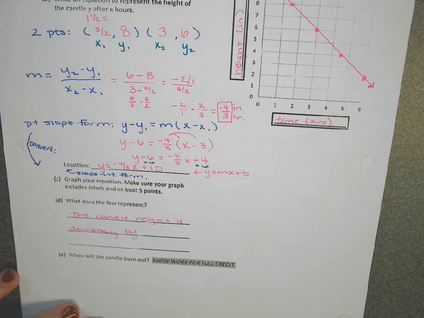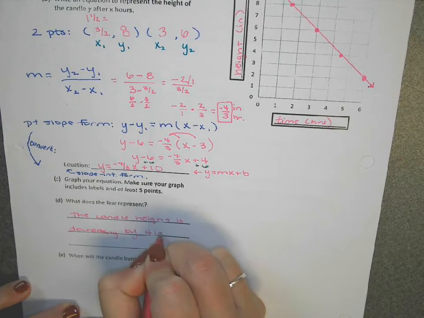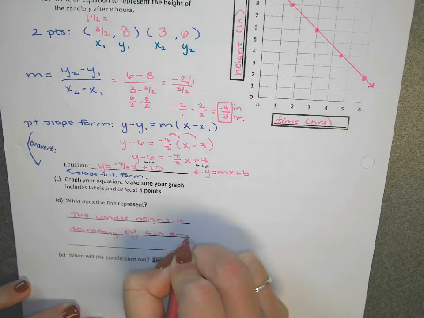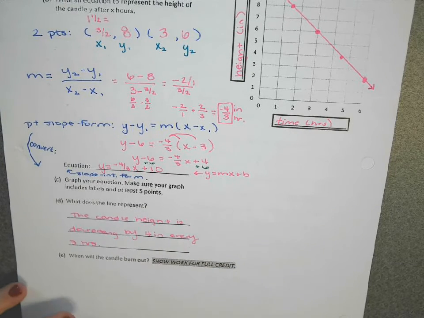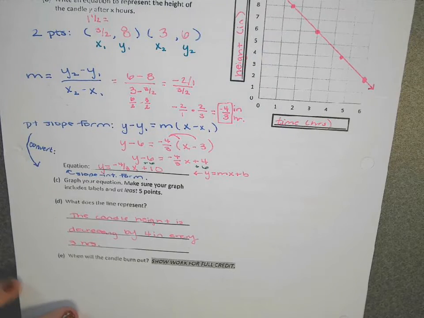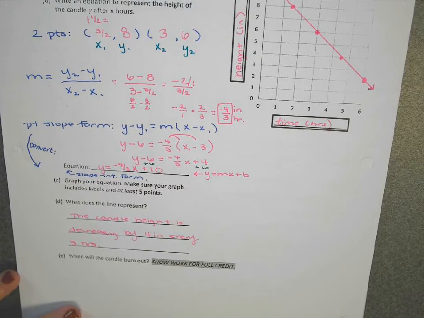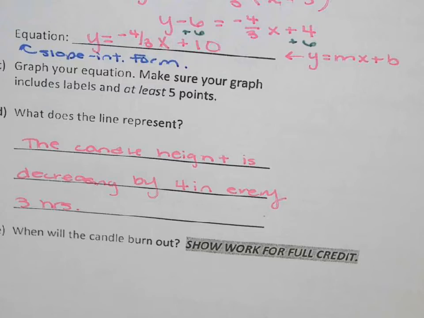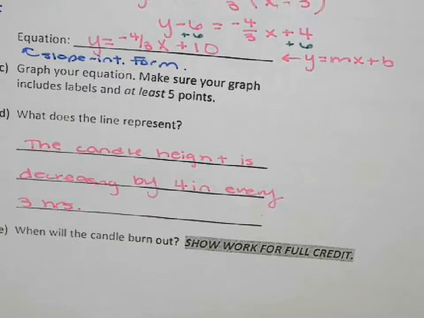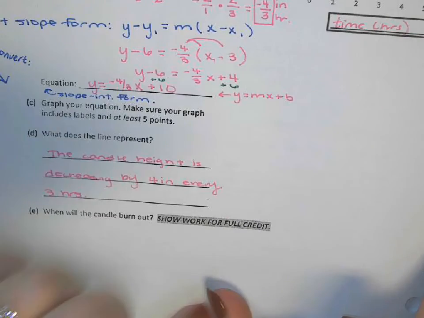You could write by 4 inches every 3 hours, or you could write by 4/3 of an inch per 1 hour. So that would be one option. I'm going to write the other option next to it, so I'm going to zoom out a little bit.